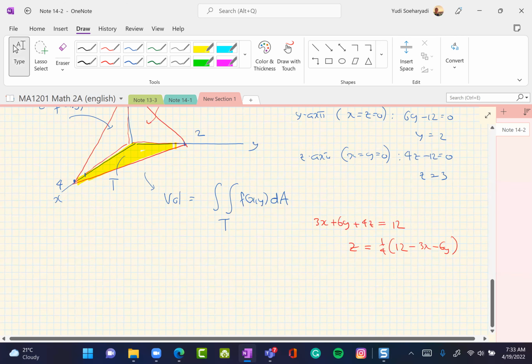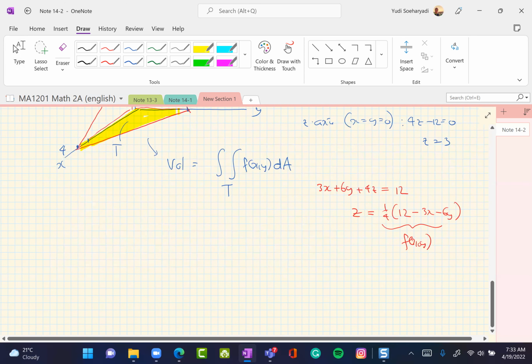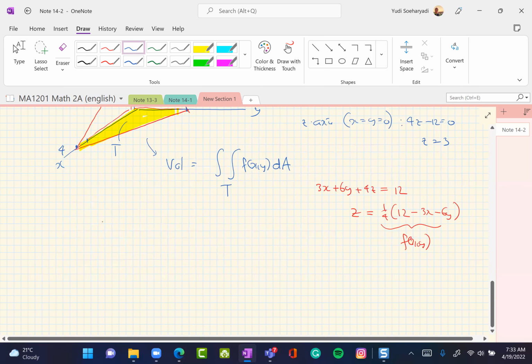All right, that's our integrand. And the area is now the domain of integration.